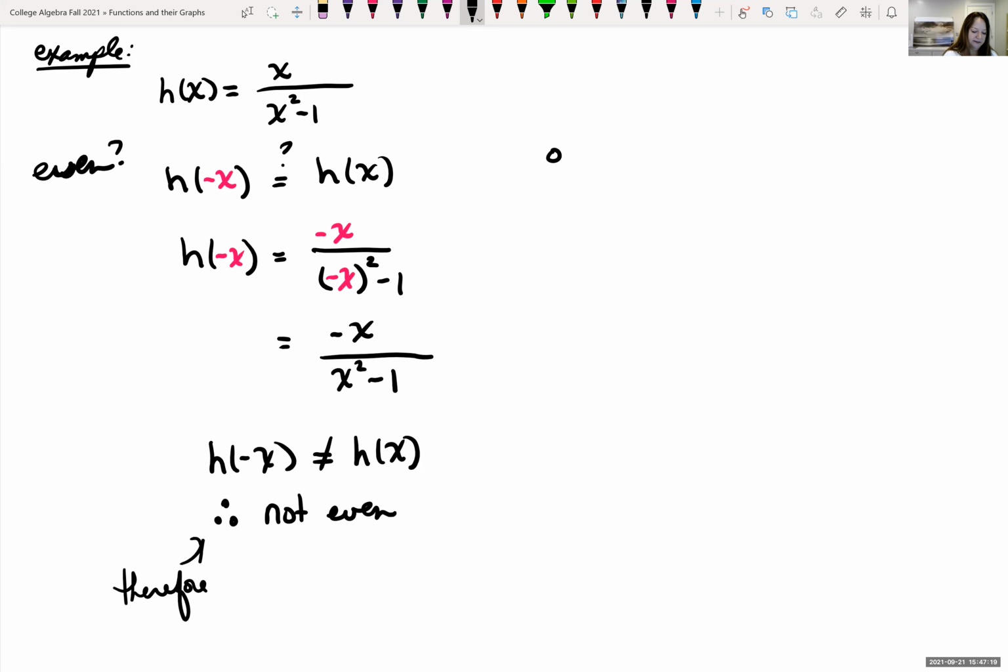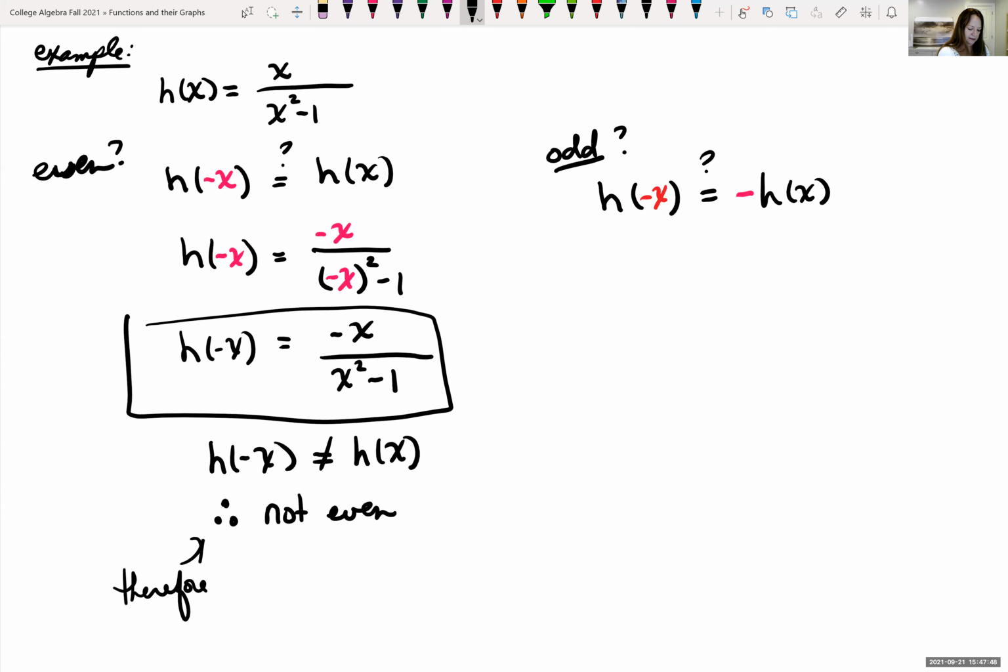So to test to see if it's odd, we want to see, does h of negative x, which we already found, equal negative of h of x? Well, let's first look at negative h of x, because we already found what h of negative x is. H of negative x we found to be this. So looking at negative h of x, that's just telling me I'm taking my function h of x and multiplying that by negative 1.